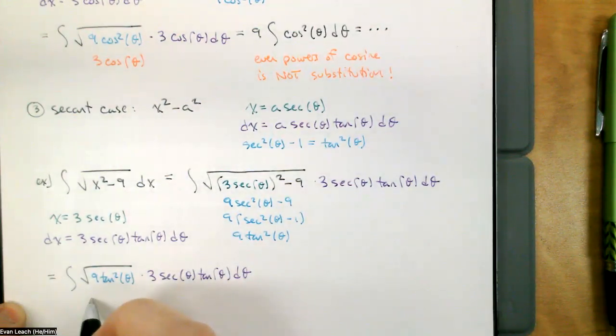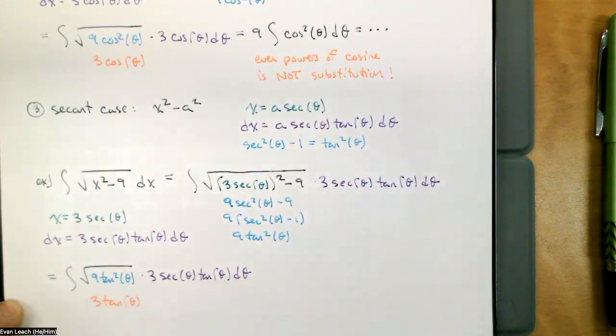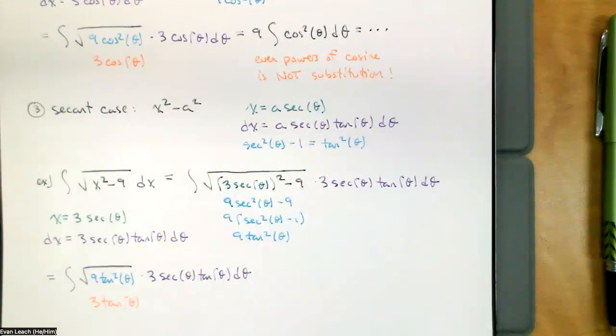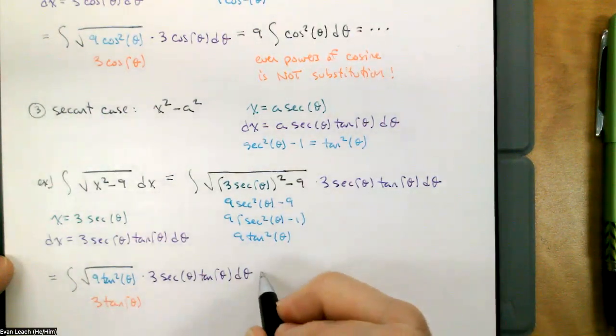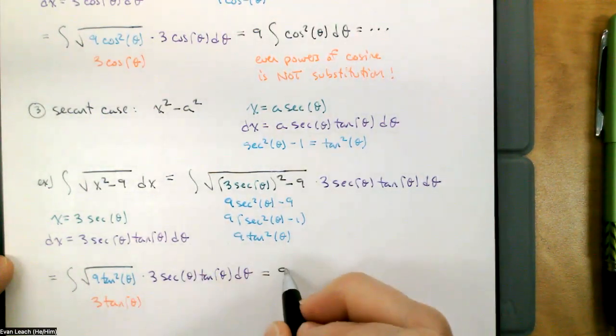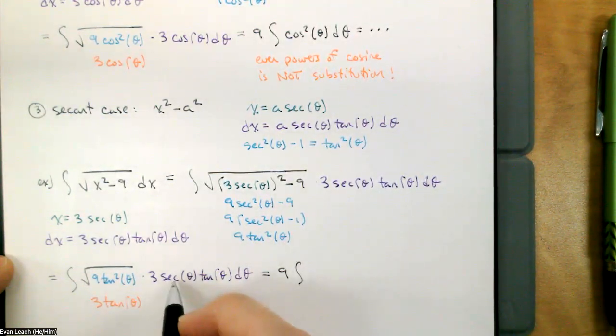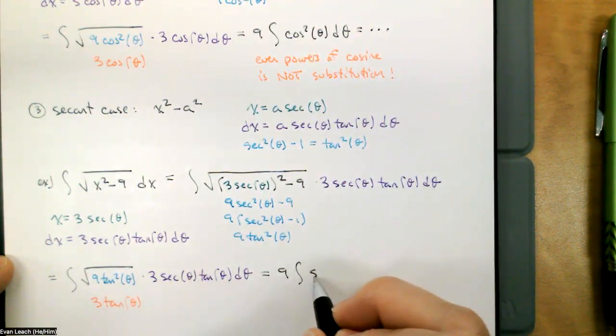This is because I'm lazy and not very creative, but this square root of 9 tangent squared is 3 tangent theta. And then we can just combine all this stuff. I'm going to pull the 3 times 3 out front, and I have secant tangent squared.